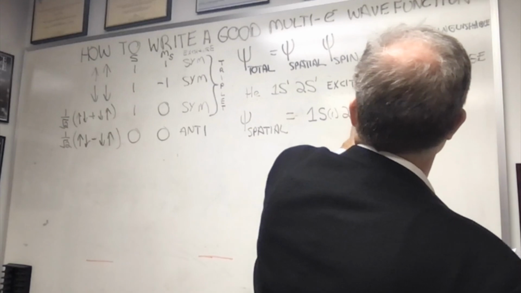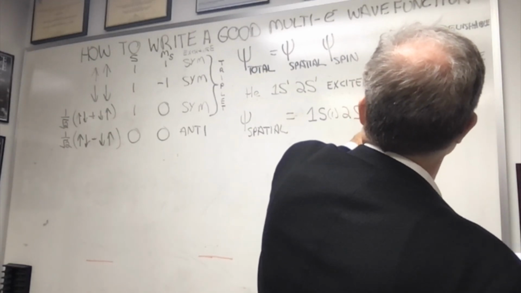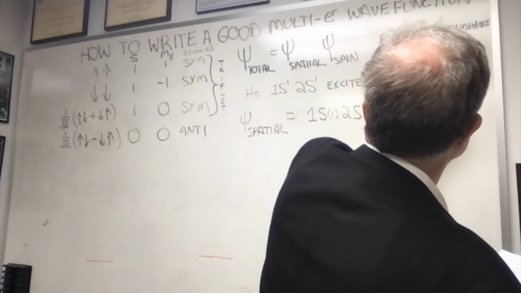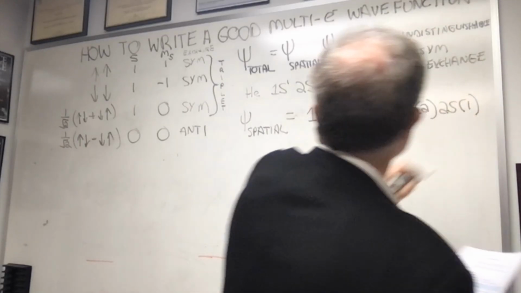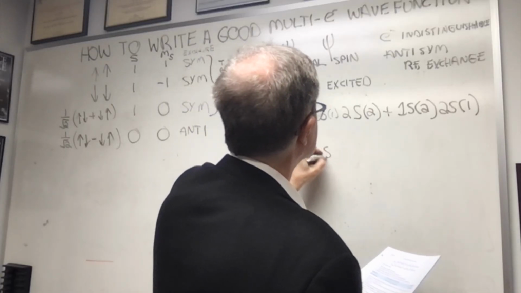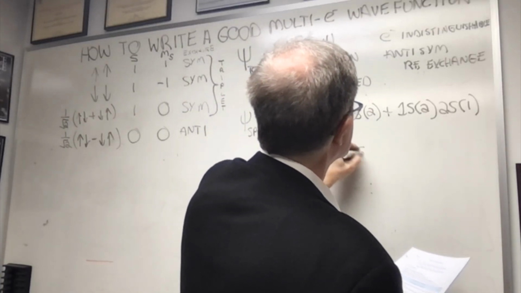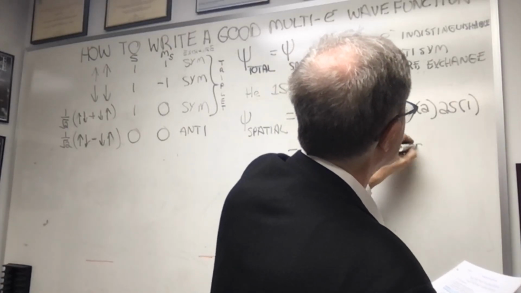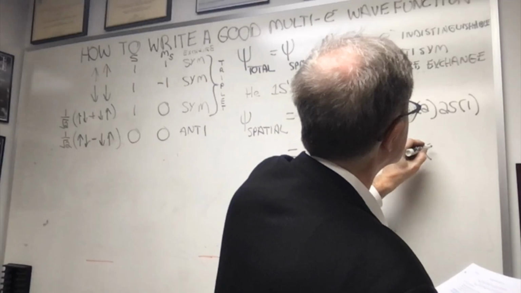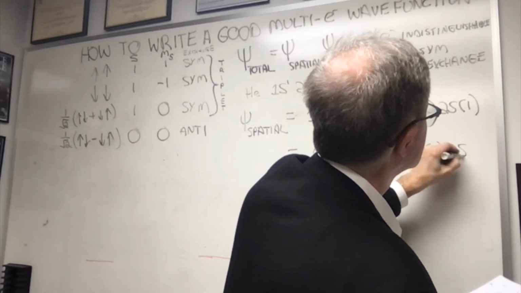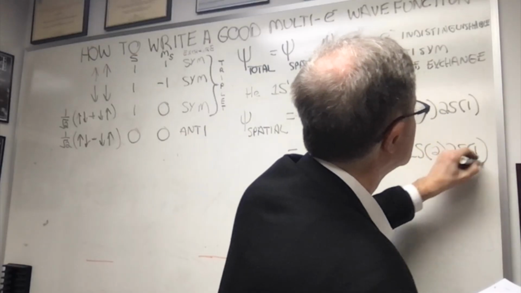So we're going to have to write that as either a plus or a minus combination, where we always put one electron in the 1s and one electron in a 2s orbital.